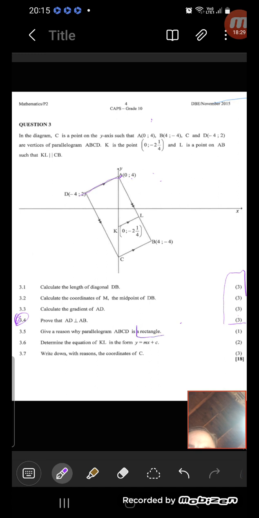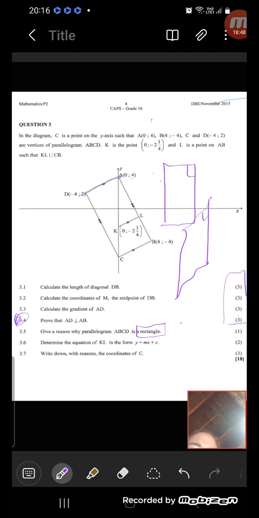Okay, so what's going on with a rectangle? If I've got a parallelogram and it looks weird and funny like this, is this 90 degrees? No. What parallelogram has a 90 degree angle? Well, a rectangle or a square.